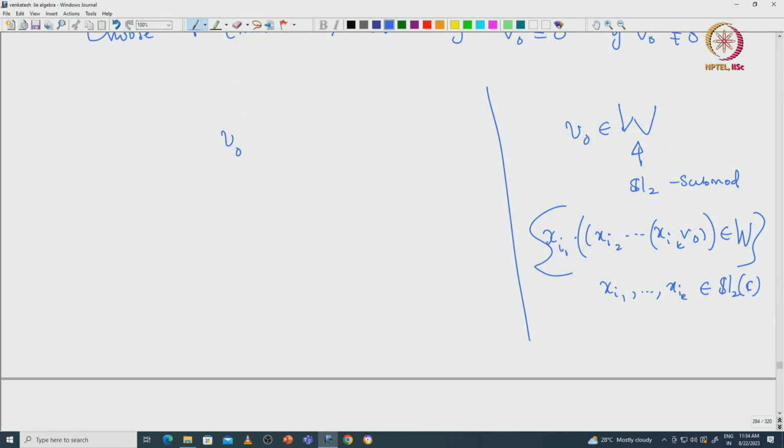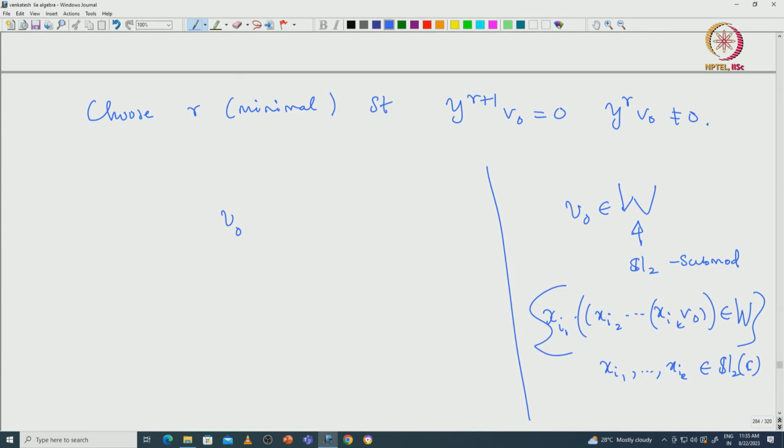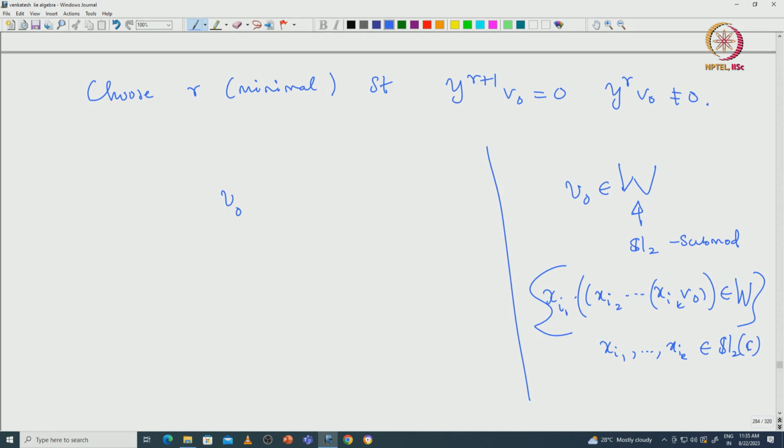So, we are actually interested in looking at this submodule generated by V naught, but surprisingly, because SL2 is a very small Lie algebra and the commutator relations are so tight, if you are looking at this submodule generated by V naught, it is not that hard to find out.